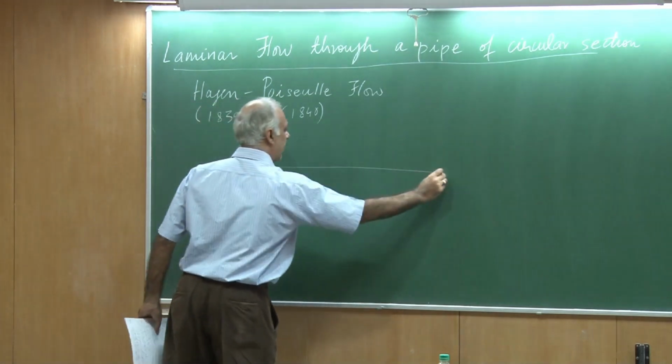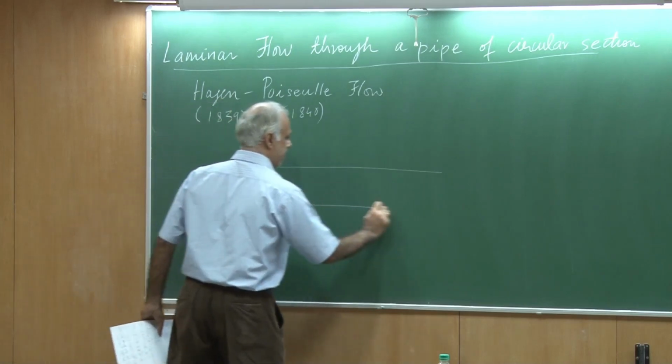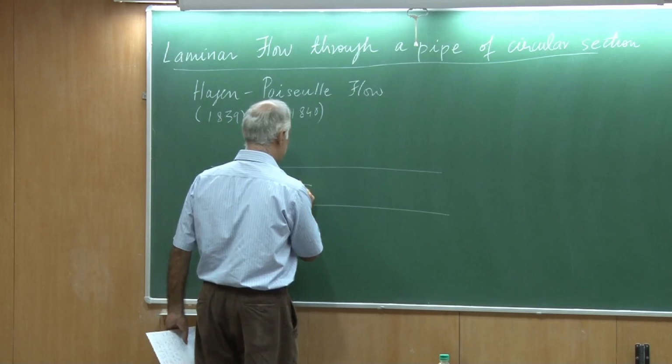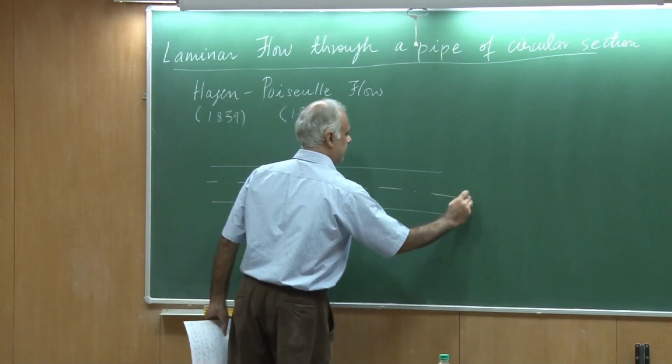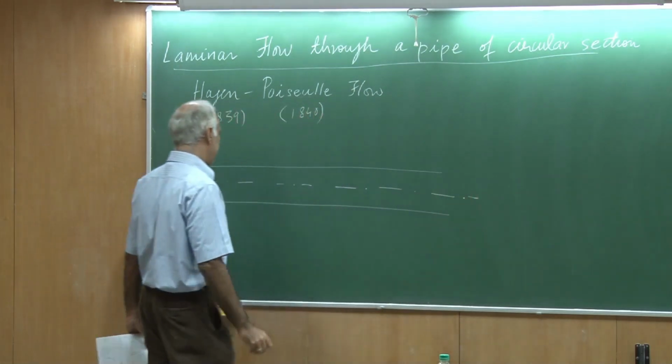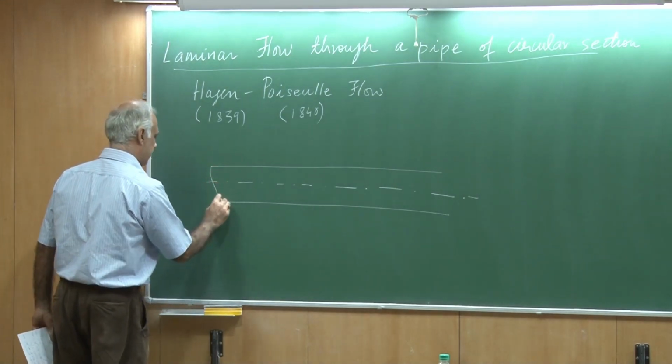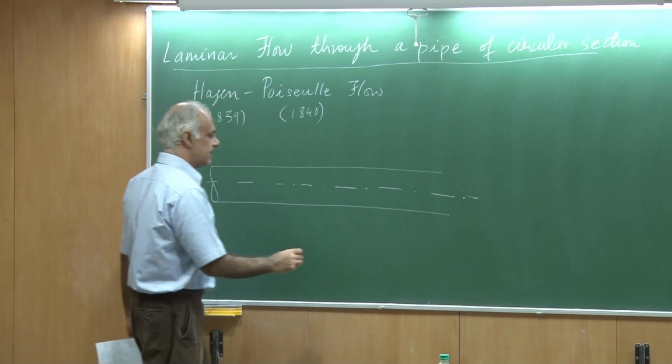So there's a pipe. Let me draw the central axis. And it's an infinite pipe of circular cross section.